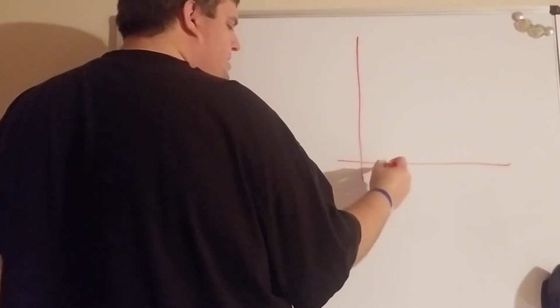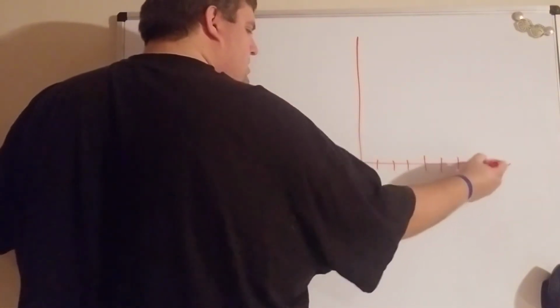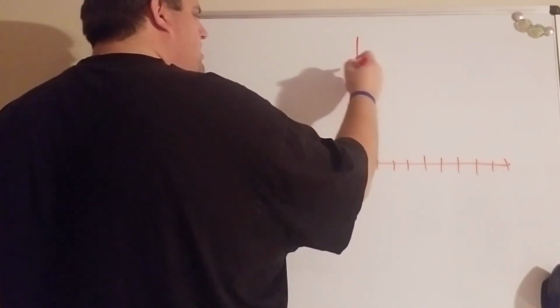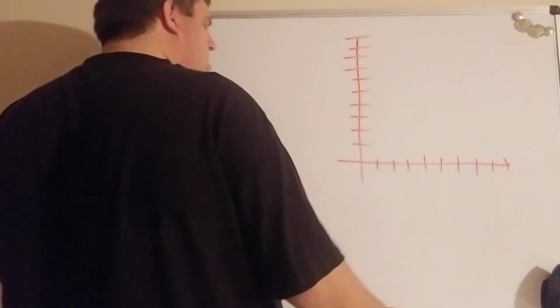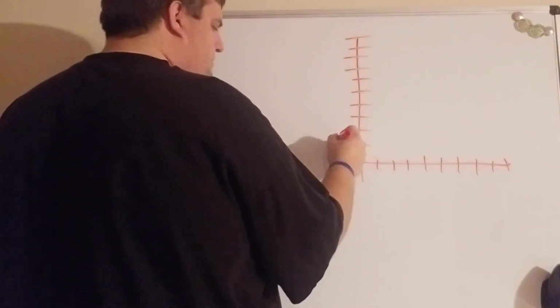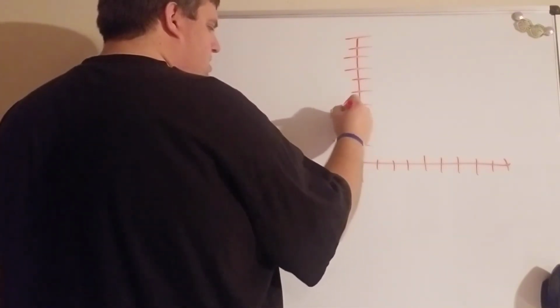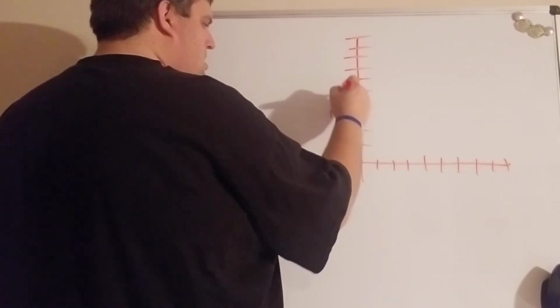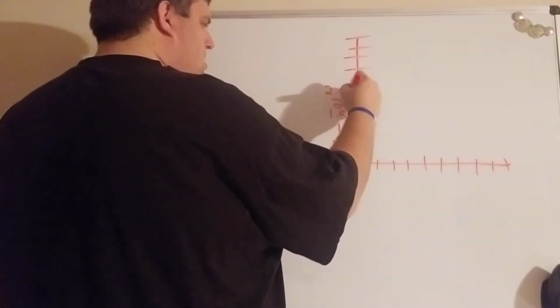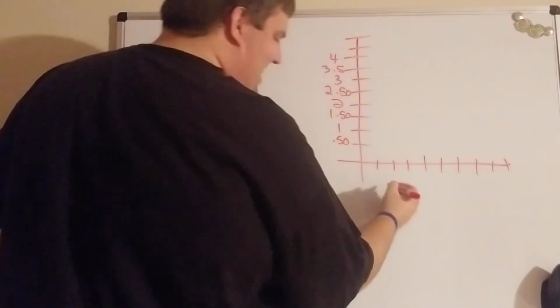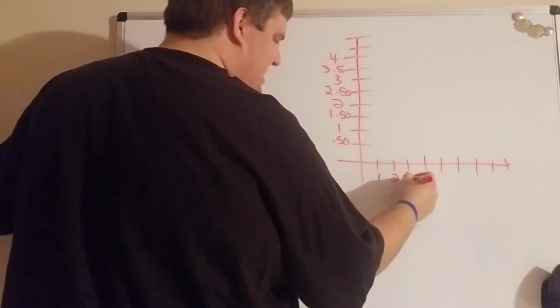All right, and so if I was comparing to a graph, let's say we had a third soda, and let's say these are 50 cents each increment. And these are numbers of sodas.